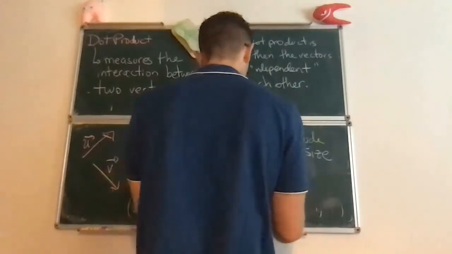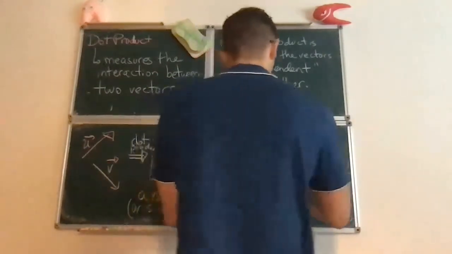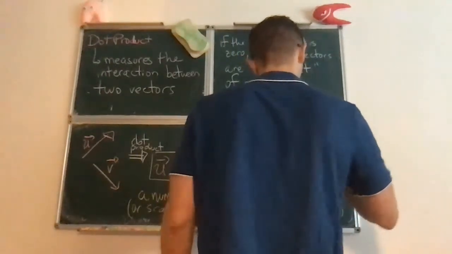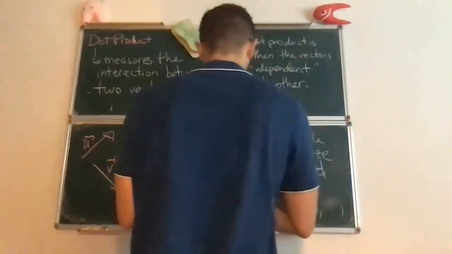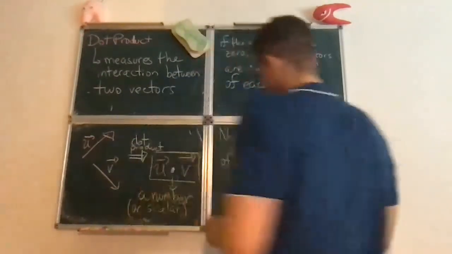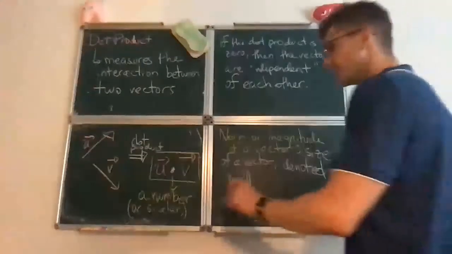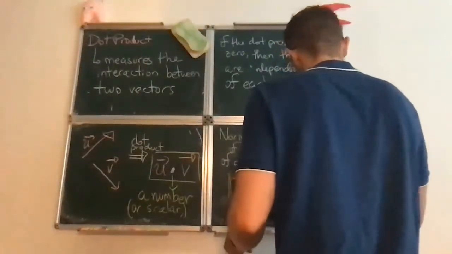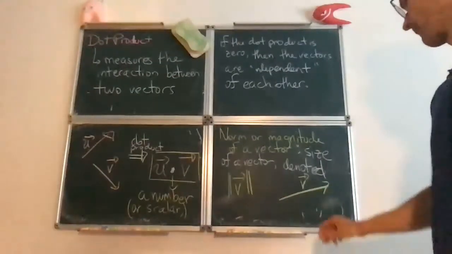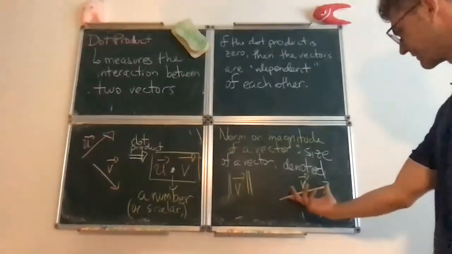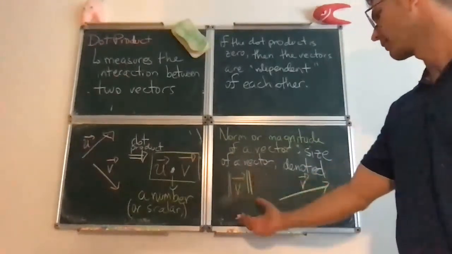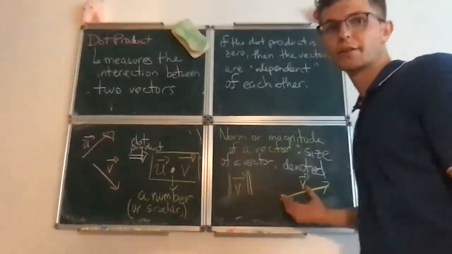and if your vector is v, if this arrow is v, then this notation means the size or length of this vector.